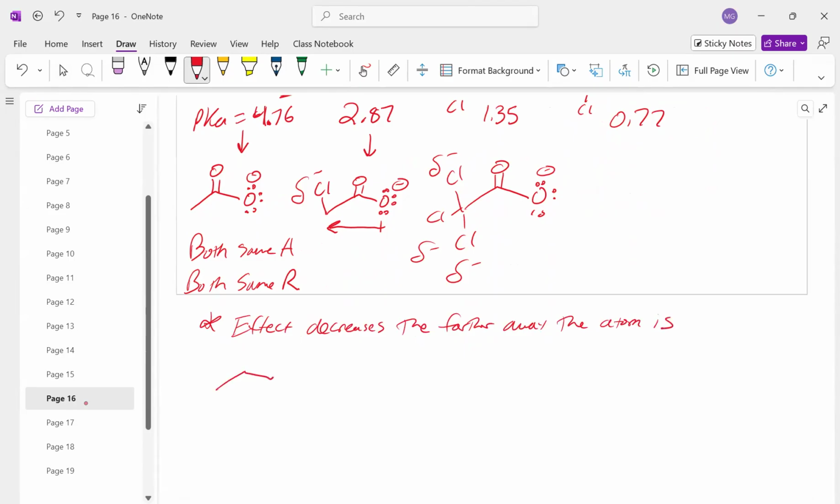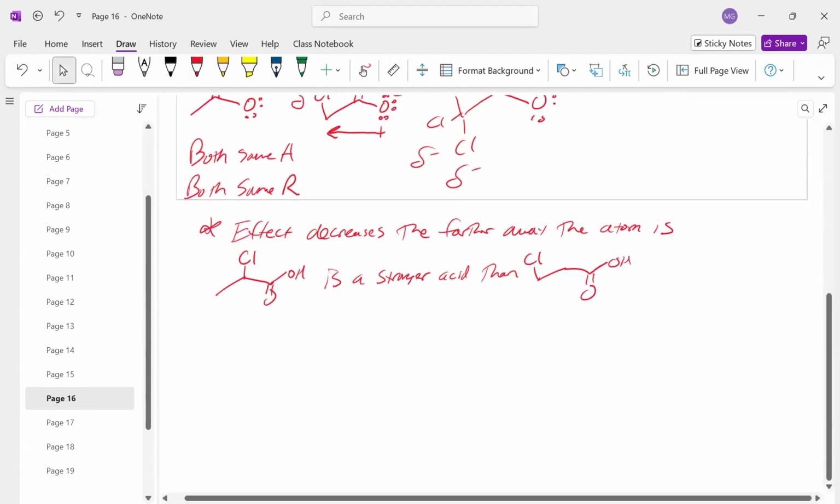So this is a stronger acid than this because that chlorine is farther away. And pretty much after any farther than that, the effect is almost zero. So let's look at a practice problem before we move on.